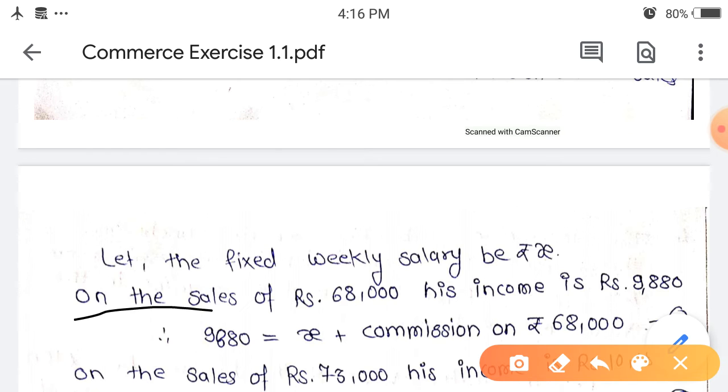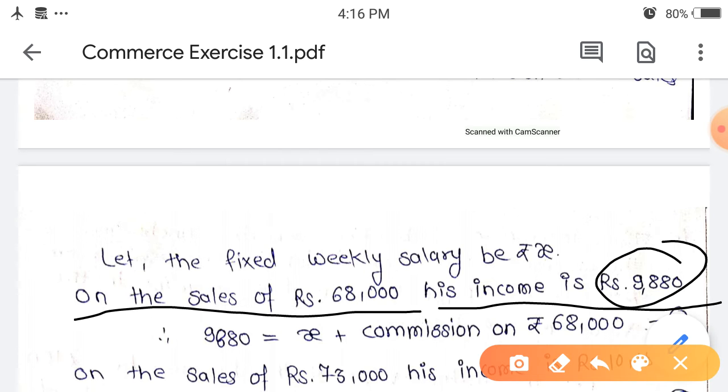So on the sales of 68,000, his income is 9,880, isn't it? That means 9,880, what is it actually? It's fixed salary plus commission on 68,000, isn't it?